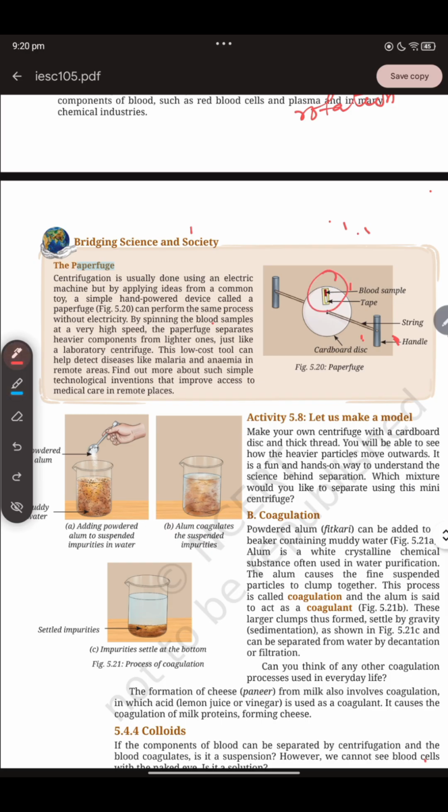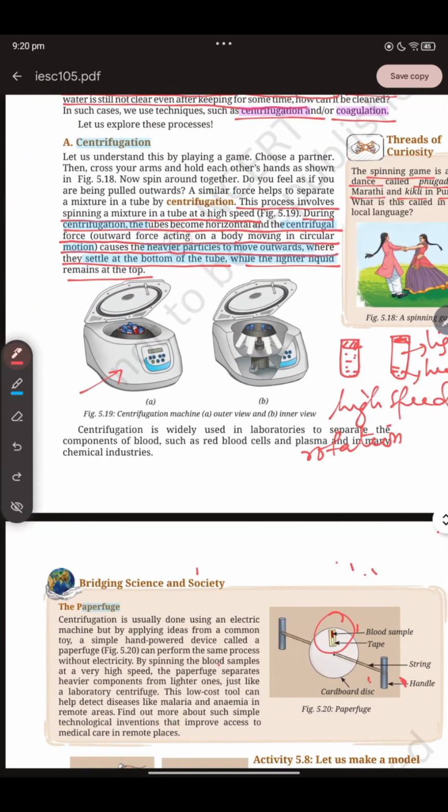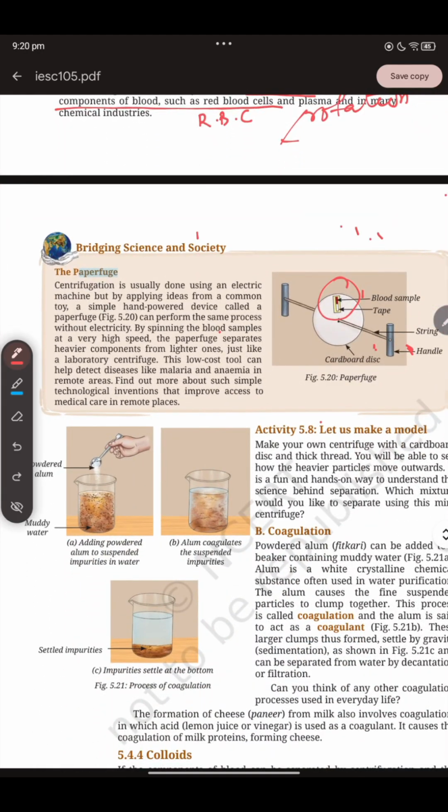When you do a blood test, they use this centrifugation method, right? So centrifugation is widely used in laboratories to separate the components of blood such as RBC, red blood cells, and plasma. So this is the model of it. A paperfuge can also be used.